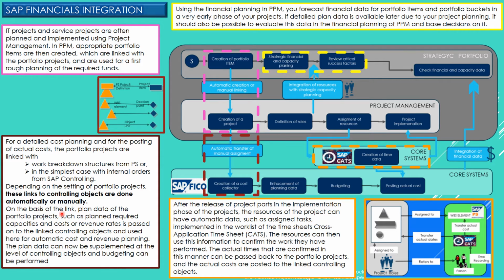So, on the basis of the link, plan data of portfolio projects such as planned required capacities and costs or revenue rates is based on the linked controlling objects and used here for automatic cost and revenue planning. The plan data can now be supplemented at the level of controlling objects and budgeting can be performed.